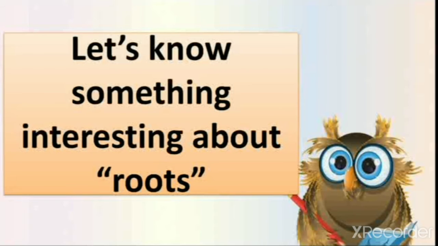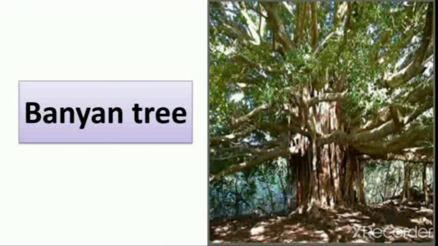Yesterday we learned about roots, how roots grow. So here I tell you one place where only banyan trees are there. So it is a picture of banyan tree. You can see here, this tree is located in Kabirwad, the place.